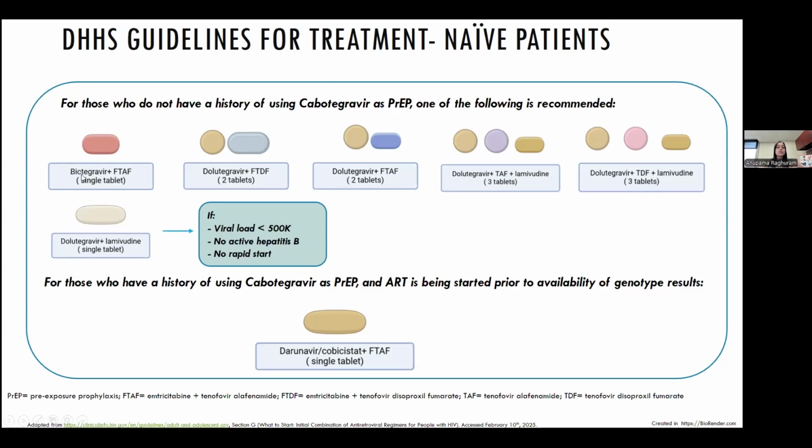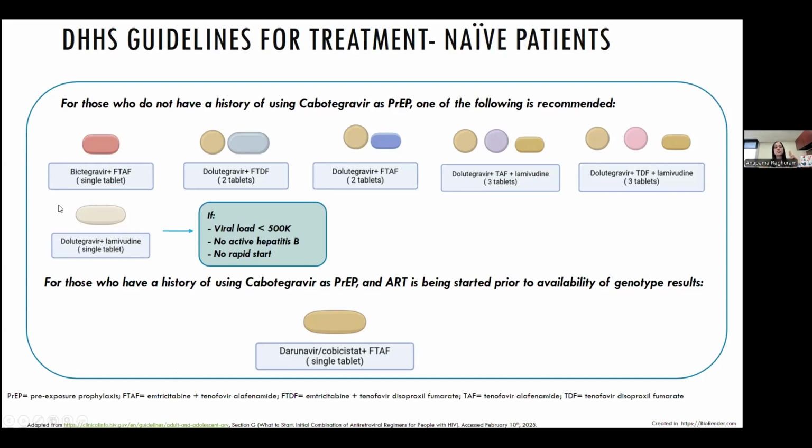Therefore, you can have an integrase as part of your base for all these regimens that you see here. Now, say you were exposed to cabotegravir, the concern for resistance to an integrase is there. Therefore, you're going to try a regimen that uses a protease instead as a base. Okay, so let's walk through these first 6 regimens here.